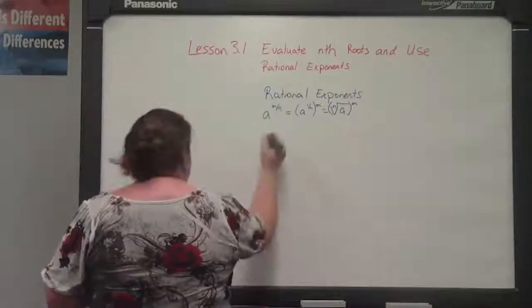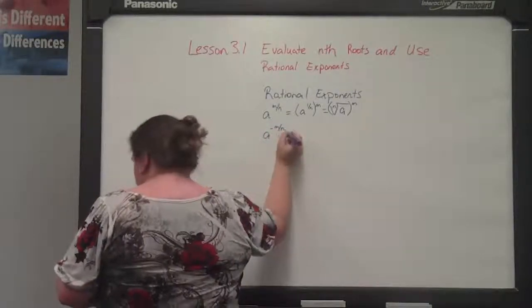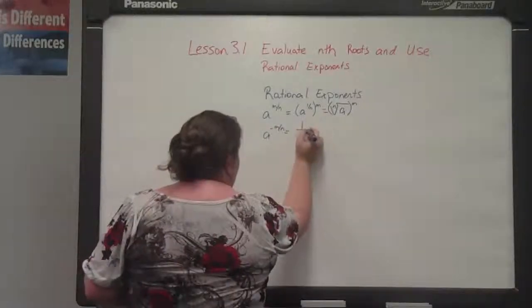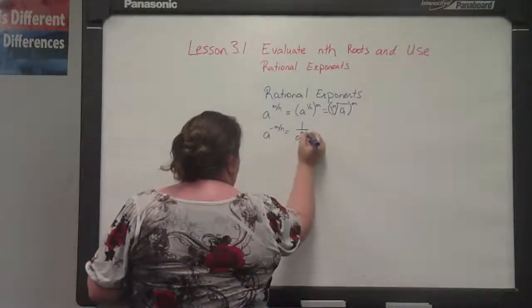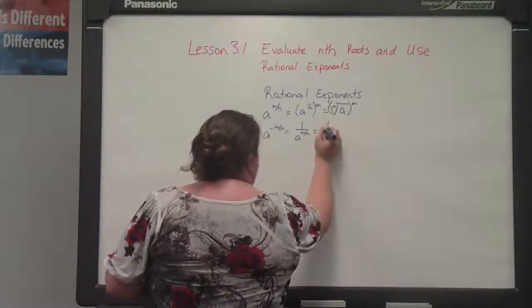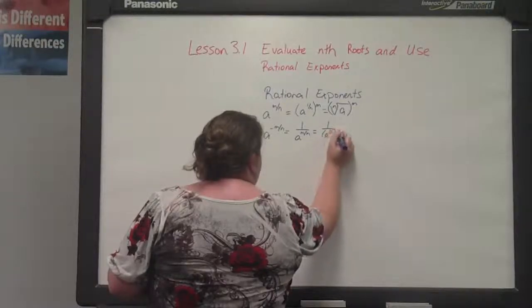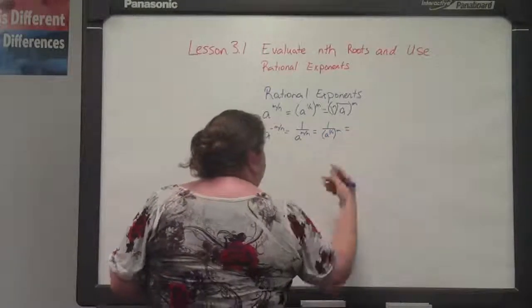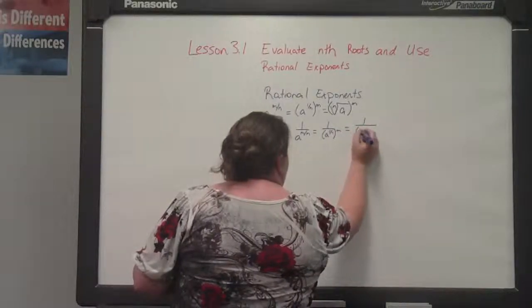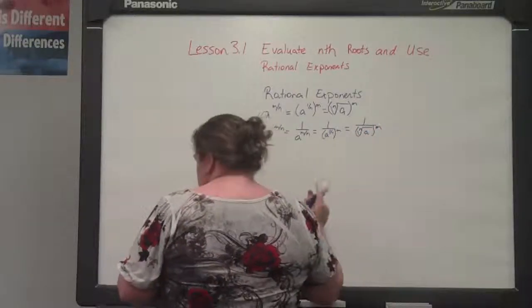And the second is a to the negative m over n power, which again we know because it's a negative exponent, that means 1 over a to the m over n power, which we can rewrite as 1 over a to the 1 over n, to the m power, which is also 1 over the nth root of a to the m power.